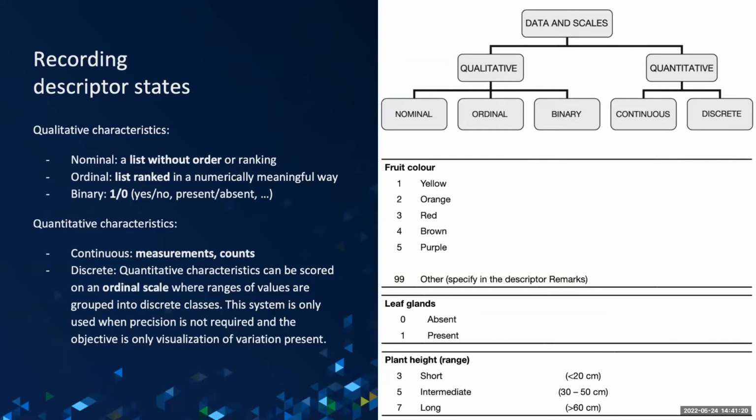Now, this is not really used when precision is required, because once you have converted proper trait observations from their exact numeric measurements into discrete classes, there's no way of going back. And it's also subject to how people make these observations, how they classify it. So if your option is to say this is short or long, instead of saying it is 50 centimeters, it really depends on who's doing those observations.